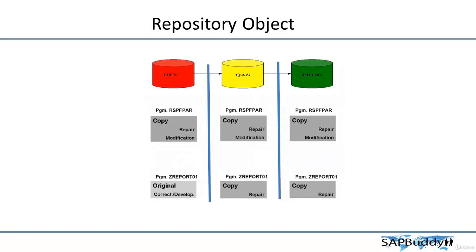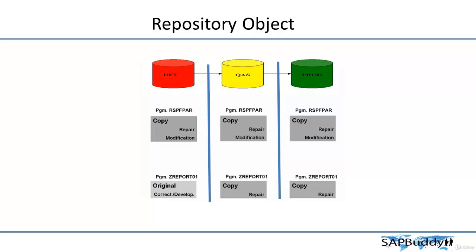So when you make any modification, let's say you have a standard SAP program which is available as a copy in our SAP systems. When you make any changes in the copies, this will be referred to as a repair. This is only done in exceptional cases, as you know.